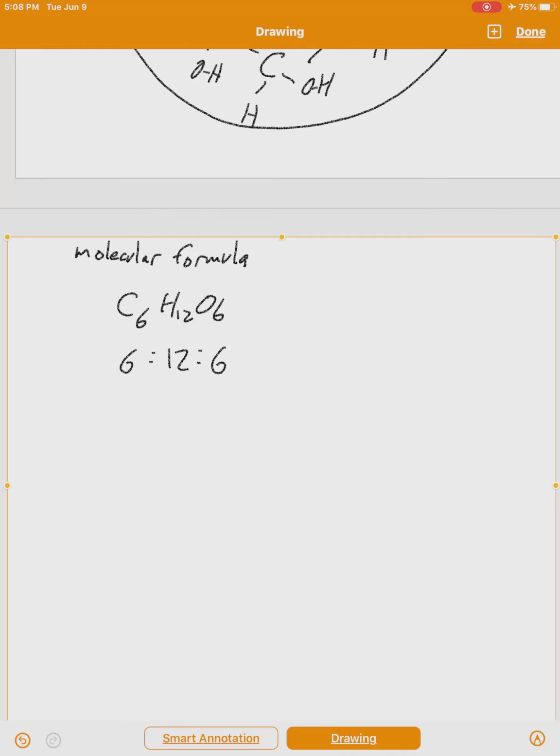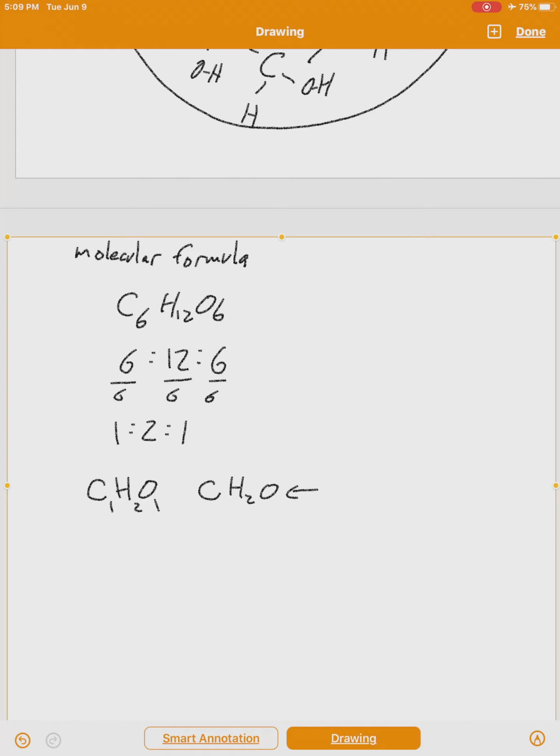That is not the simplest possible ratio that represents this molecule. The simplest possible ratio would be if we divided each of those numbers by 6, right? We would get 1, 2, 1. Meaning that the ratio of carbon to hydrogen to oxygen is 1 to 2 to 1.